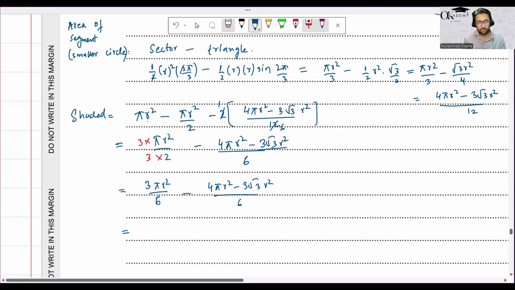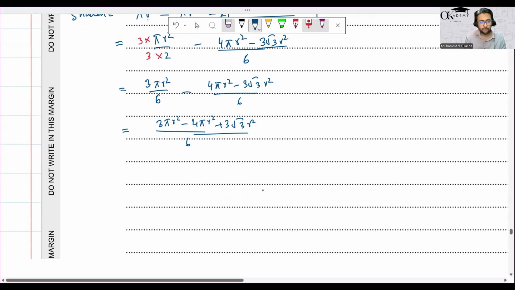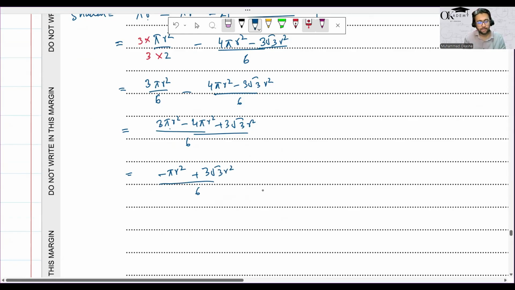Because of the same denominator, I could write 3 pi r squared minus 4 pi r squared plus 3 square root 3 r squared. I'll take out r squared as common. 3 pi r squared minus 4 pi r squared is going to be negative pi r squared plus 3 square root 3 r squared divided by 6.